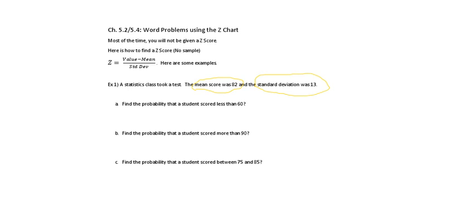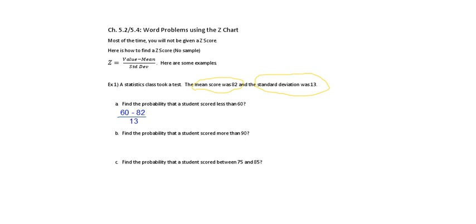Part A says find the probability that a student scored less than 60. So what we're going to do is value minus mean divide standard deviation. So the value is 60 minus the mean, which is 82, divided by the standard deviation, 13.